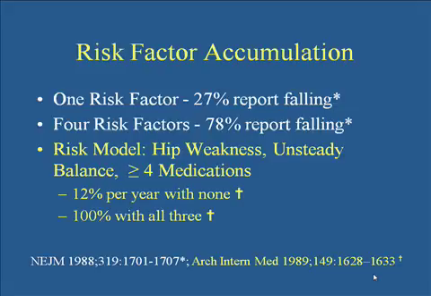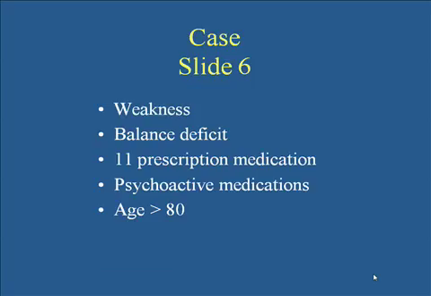In the time period studied, those without any of these risk factors, 1 in 10 fell per year. And in those with all 3, hip weakness, unsteady balance, and taking 4 medicines, everybody fell over the course of a year. Again, indicating the cumulative effect of these risk factors and giving you a better sense of the risk factors for which we should be looking in our assessments of patients who fall or are at risk for falls.